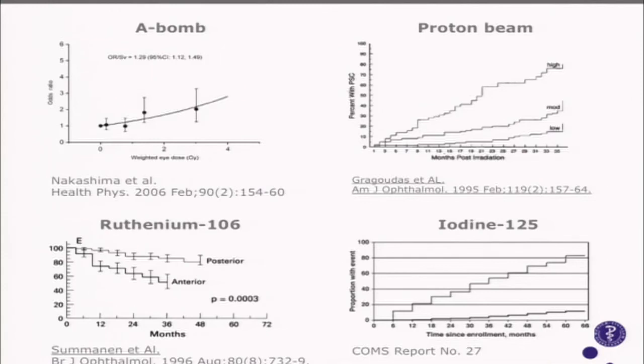From the A-bomb victims in Japan, they looked at all the small children, showing a tendency to formation of a posterior subcapsular cataract and anterior cataract in the periphery. But there's actually no evidence in the literature that a similar pattern is found in the adult patient. But there is evidence that the more radiation you give the patient, the more increase you have in the cataract formation. And this is despite which kind of radiation you actually use. The more radiation, the more increase of cataract.